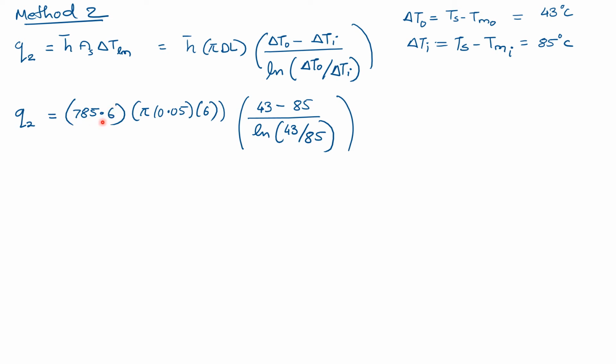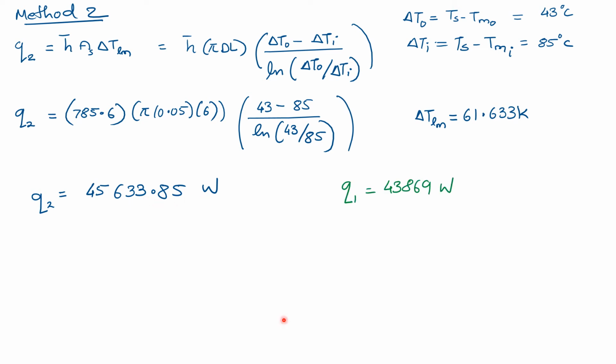And we have already calculated our average heat transfer coefficient. We know the dimensions of the pipe, and we know the temperature differences. On substituting that, we get our Q as 45,633.85 watt, which is different from the Q that we got in our previous method, which was 43,869.